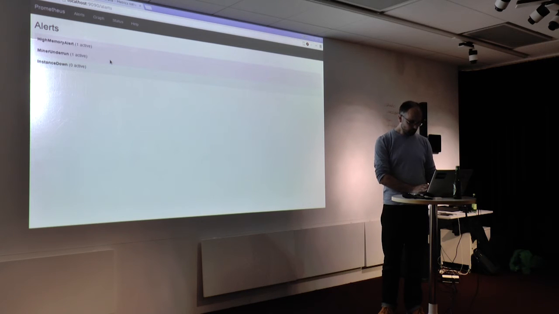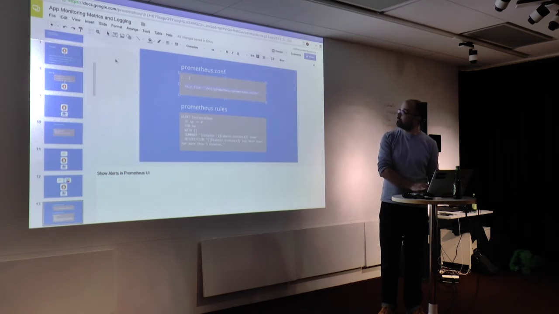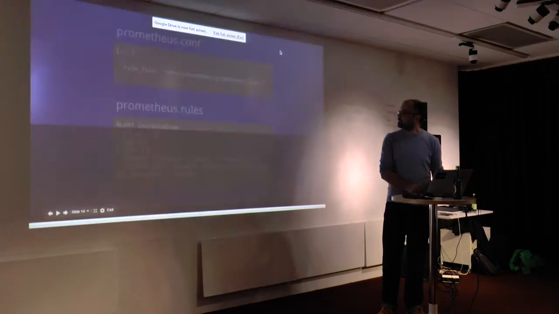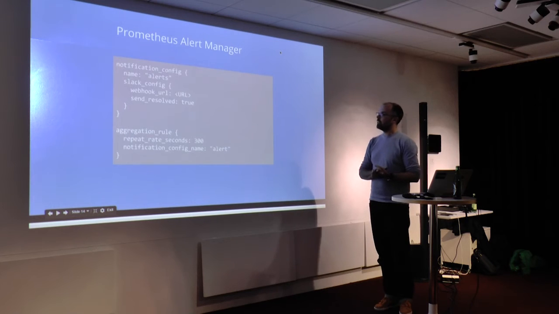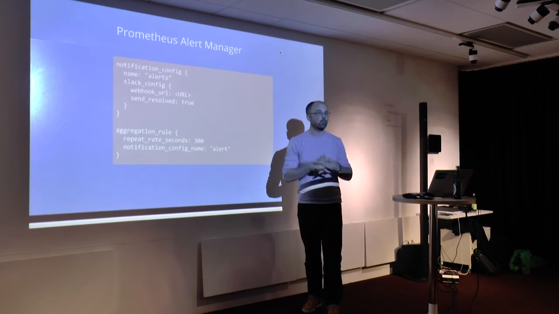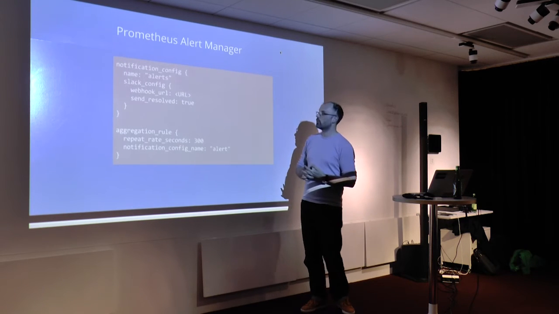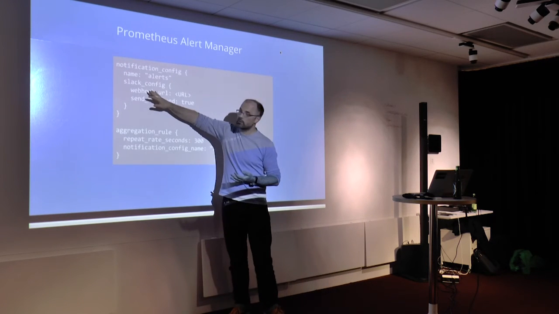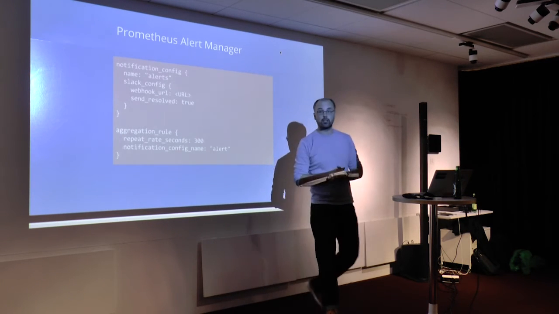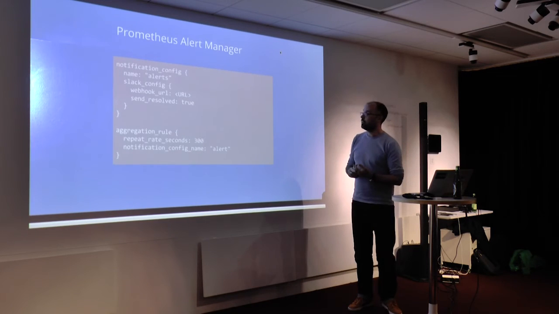And if you want to use Slack integration, you start a tool called the Alert Manager, and there you basically tell Prometheus how you want to be alerted. In this example, I use a Slack integration, and I just tell it the webhook URL that I get from Slack.